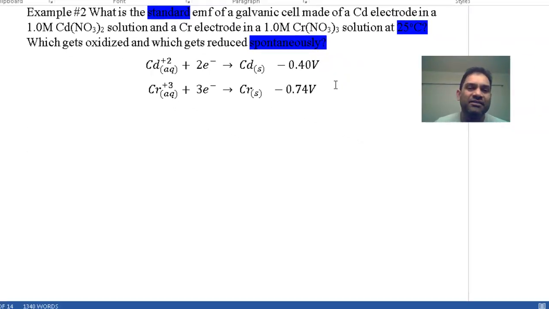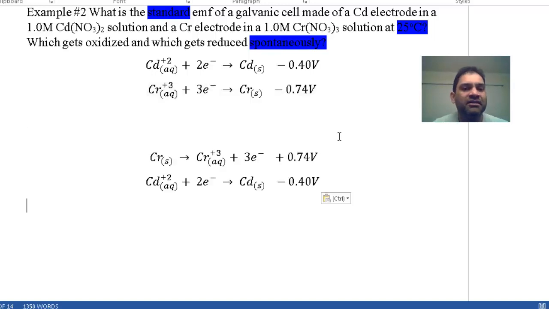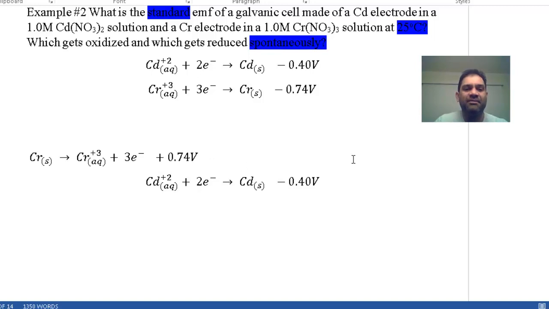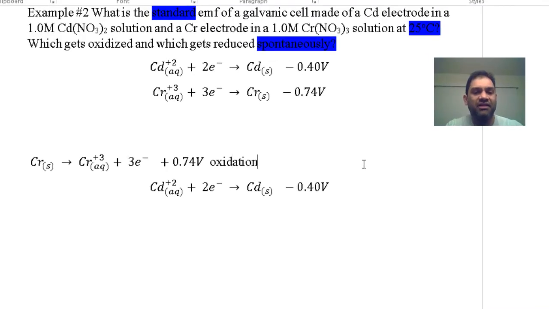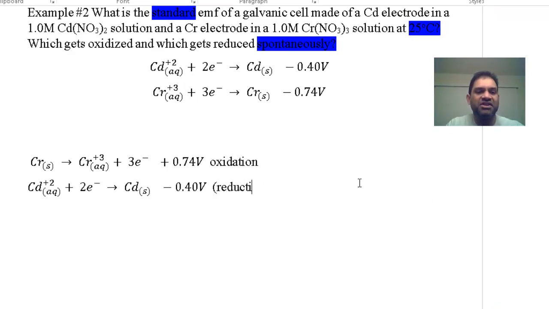So what I can do here is flip this bottom reaction. By flipping it, it has become an oxidation half reaction because it's lost 3 electrons. And by keeping this the same, it's a reduction half reaction.